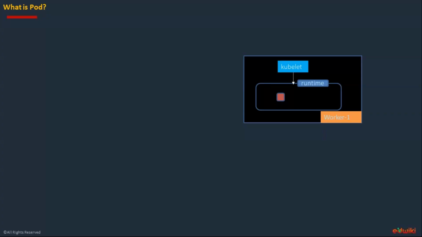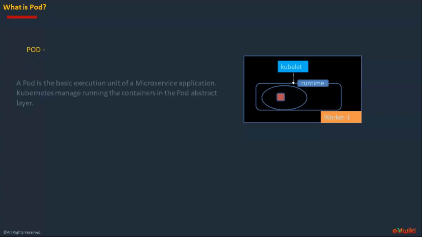But as we all know, containers cannot run alone in the Kubernetes orchestration engine. Hence there is a pod, which is a kind of wrapper on top of the container, so that Kubernetes is always managing your application at the pod layer. That's what we have seen so far.